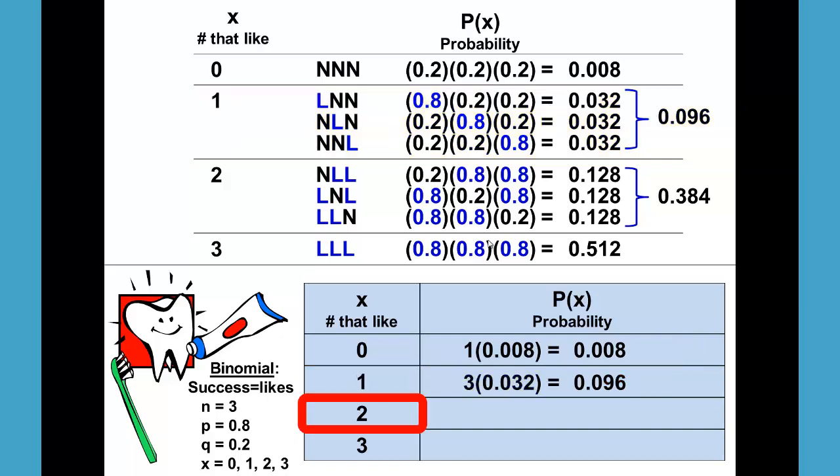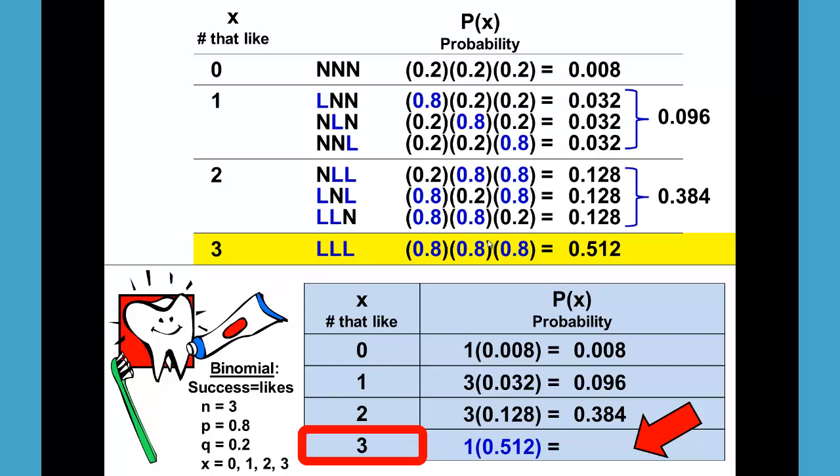For 2 children liking the toothpaste, there are again 3, in this case of the 0.128s, which gives us the 0.384. And for 3 children, there is one of the 0.512s, which is 0.512.